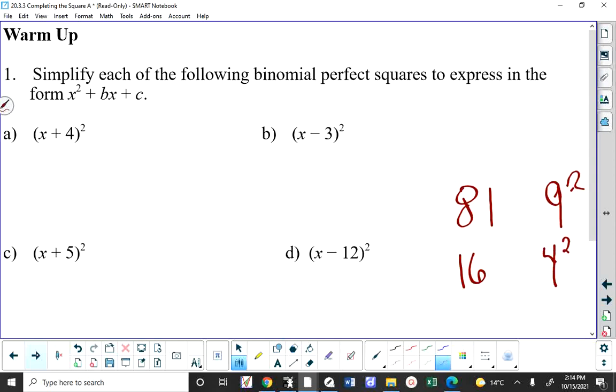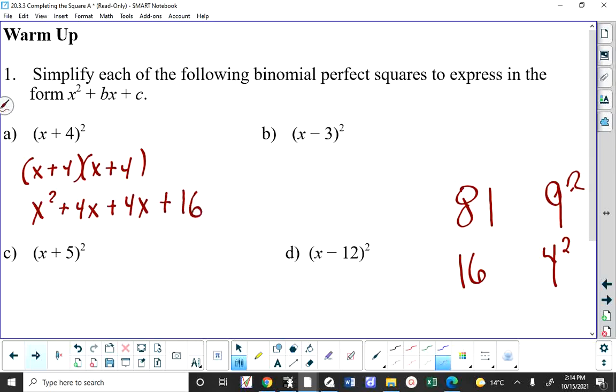So is x plus 4 squared a perfect square? Yes. What is it the perfect square of? X plus 4. Right? Whatever this is equal to, it's what you get when you square x plus 4. So we're going to do this one together. This is x plus 4 times x plus 4, which is x squared plus 4x plus 4x plus 16.